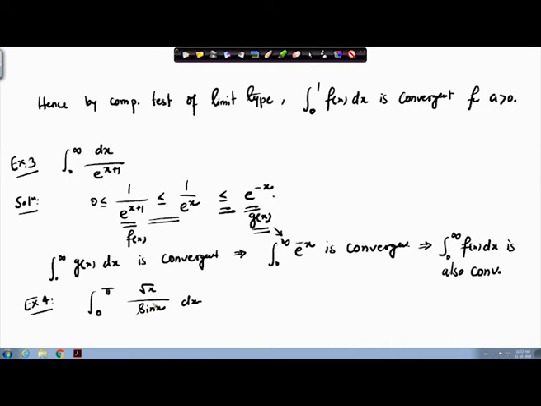Here we will basically divide this integral into two sub integrals: 0 to 1 of root x by sin x dx plus 1 to pi of root x by sin x dx. In order to check the convergence at 0, because 0 is the only point where this function has infinite discontinuity in the first sub integral, and in the second sub integral pi is the only point where this function has infinite discontinuity.